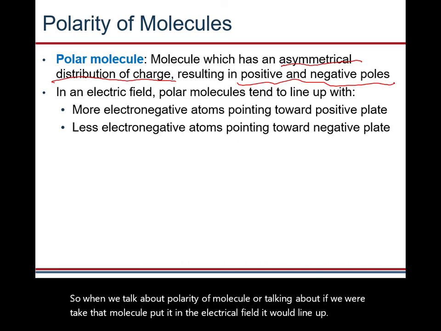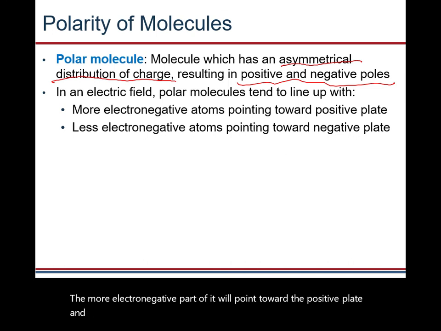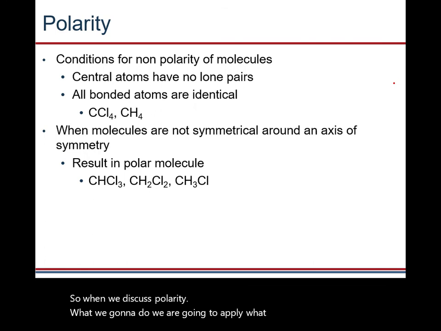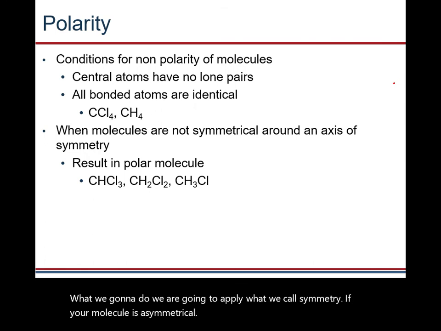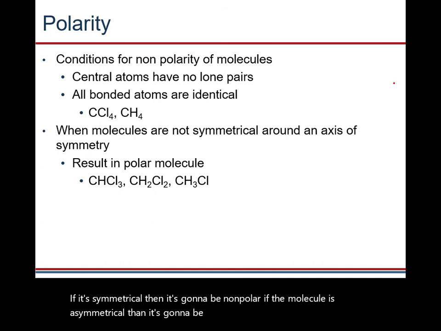The more electronegative part of it will point toward the positive plate, and the less electronegative atoms point toward the negative plate. So when we discuss polarity, we are going to apply what we call symmetry. If your molecule is symmetrical, then it's going to be nonpolar. If the molecule is asymmetrical, then it's going to be polar. As simple as that.